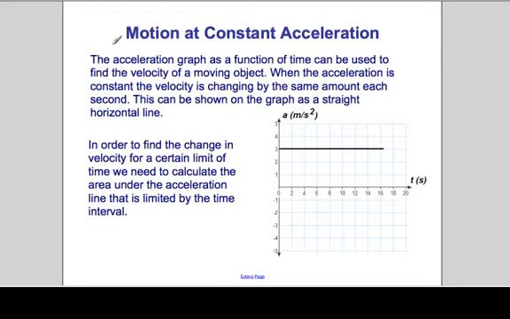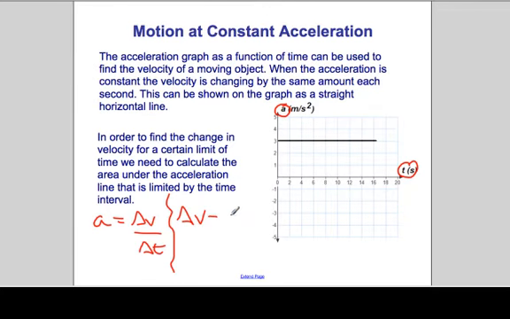So the area of this is the product of A and T. We know that acceleration is delta V per delta T, and that means, let's just draw a line to separate what we just did, delta V is acceleration times time. So the product of acceleration and time are the areas under the curve.